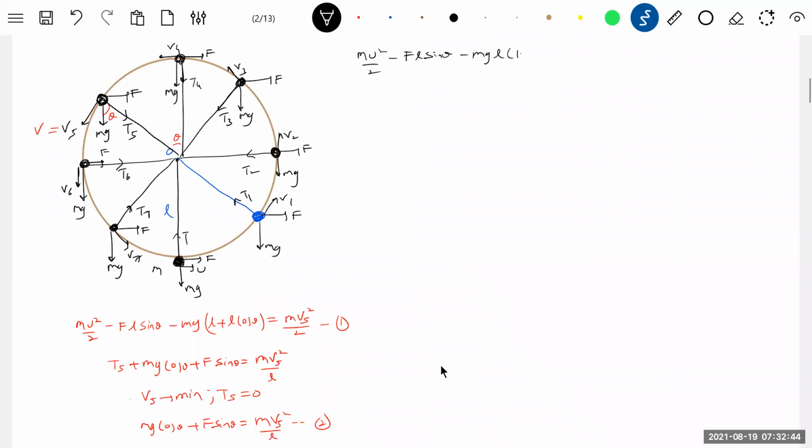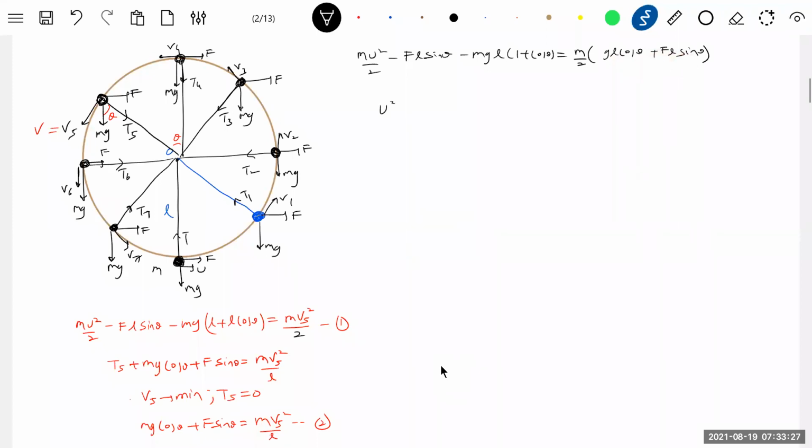v phi will be... this is 2, no? Just check once. I think mv phi square, GL cos theta plus FL sin theta. Okay, I did the same thing. Yes, sir. Now what will happen?